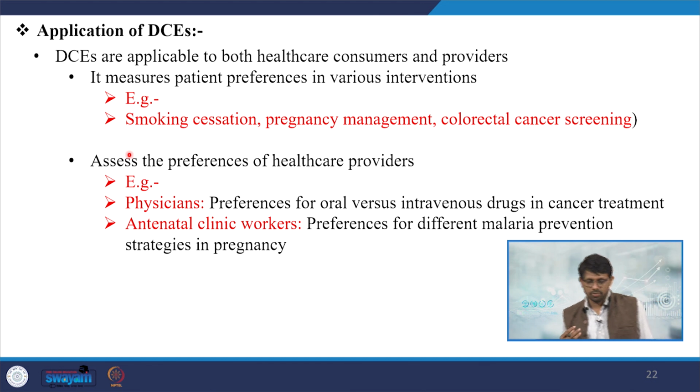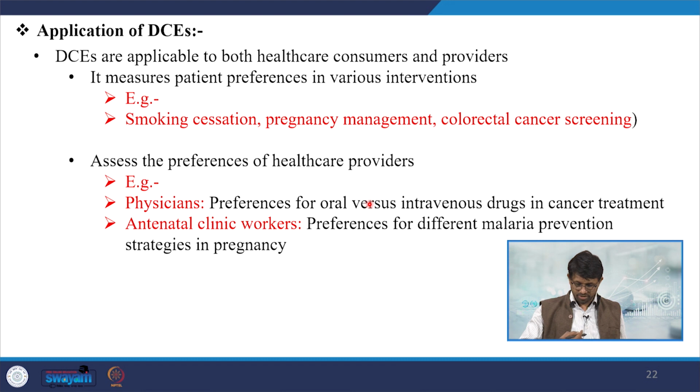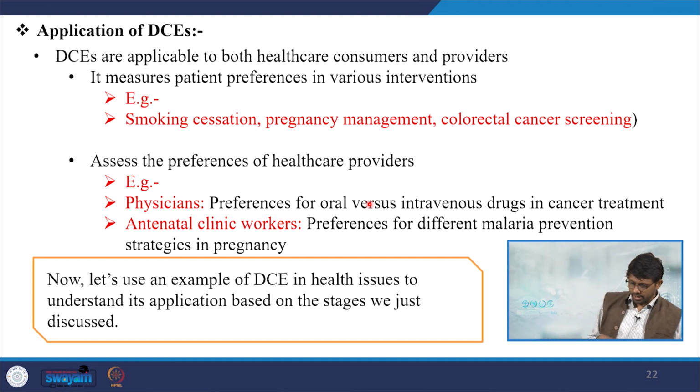Examples for the healthcare provider, like the physician's perspective, include preferences for oral versus intravenous drugs in cancer treatment, and for workers in antenatal clinics, preferences for different malaria prevention strategies, especially in pregnancy, can be checked.